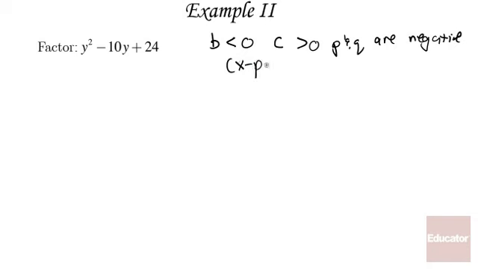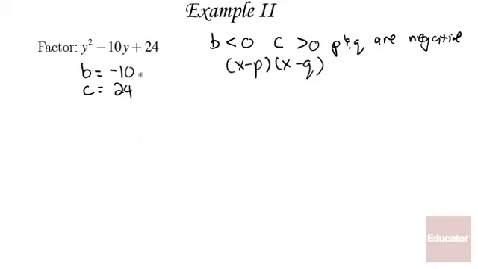X minus P times x minus Q. Okay, so I figured out my signs. It's the first thing I do. The second thing I do is determine what B and C are. And I find that I have B equals negative 10 and C equals 24.